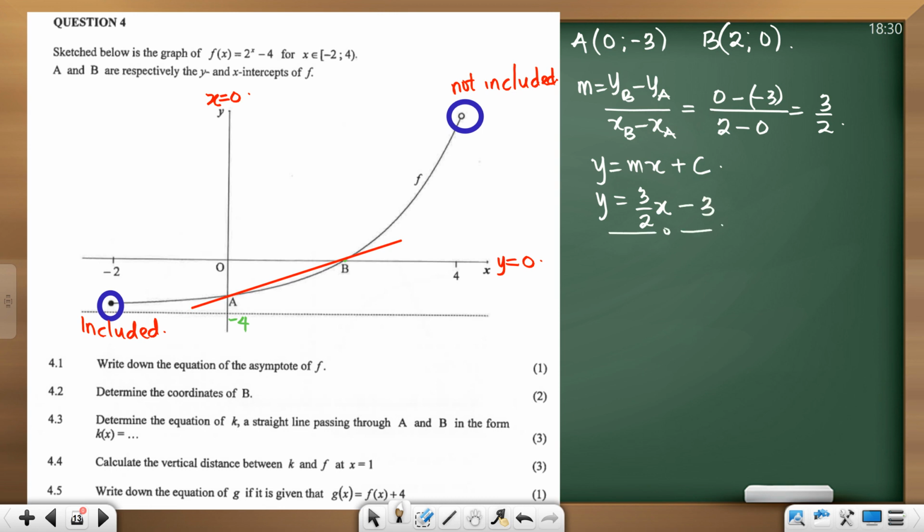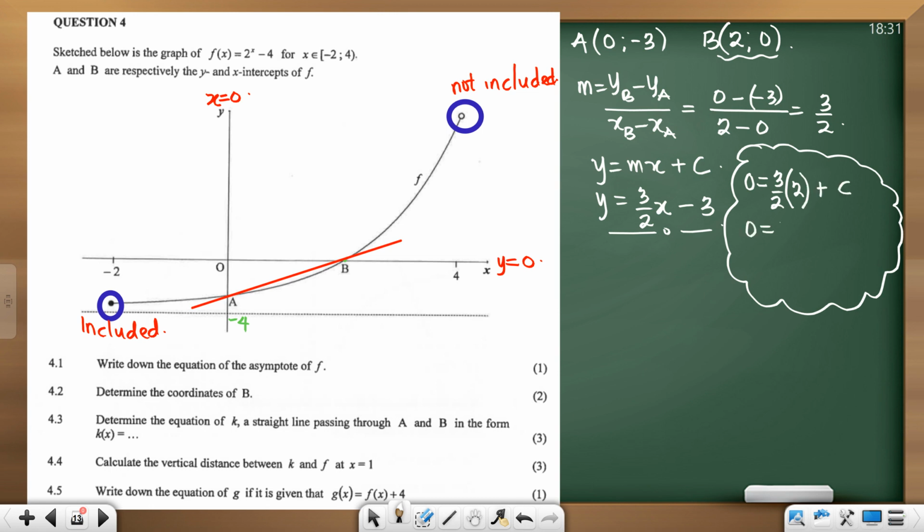Tell me you're okay. If you are not sure in the exam, check. This is what somebody who's not taking notes would miss. Let's use the coordinate of B: the y value is 0, m is 3 over 2, plus c. That is not necessary, it's a waste of time.